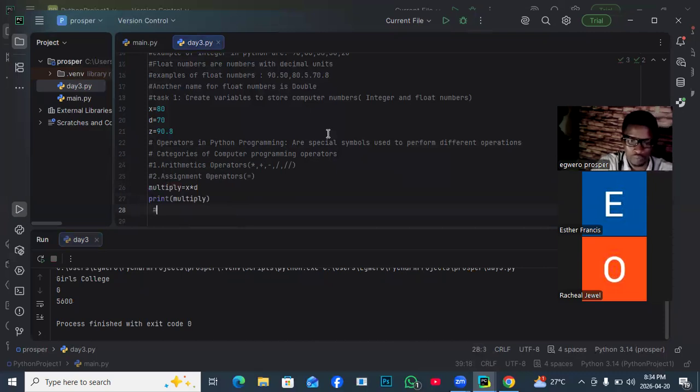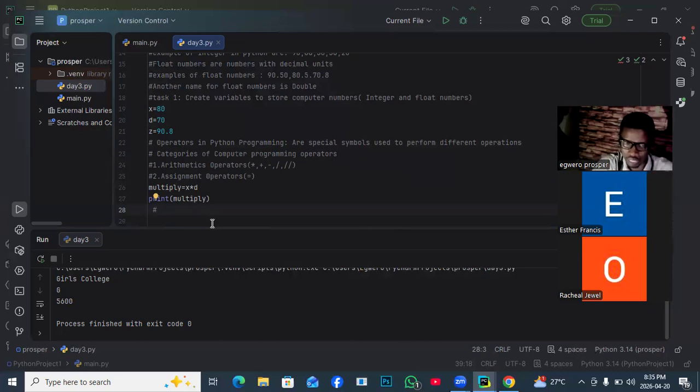Remember, we are confirming these operators. Remember, we said that special symbols are used to perform different calculations or operations. The operation we just performed is a multiplication operation using numbers or integers stored in variables.